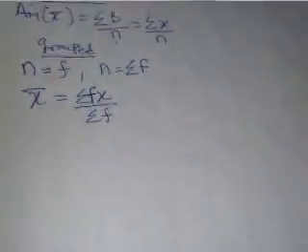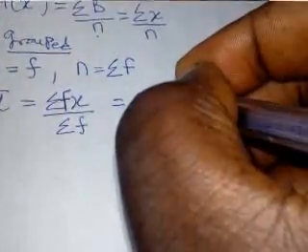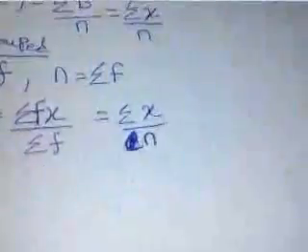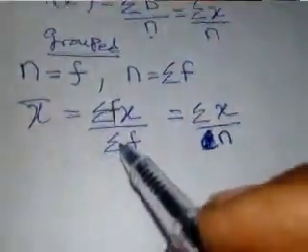That's the summation of the frequency multiplied by the numbers of items, over sigma f, which is the summation of the frequency, the total frequency. It can also go like this: summation fx over n. Can you see the similarities between the two? So if you want to get the arithmetic mean of a group data, it is summation f of x over summation f.